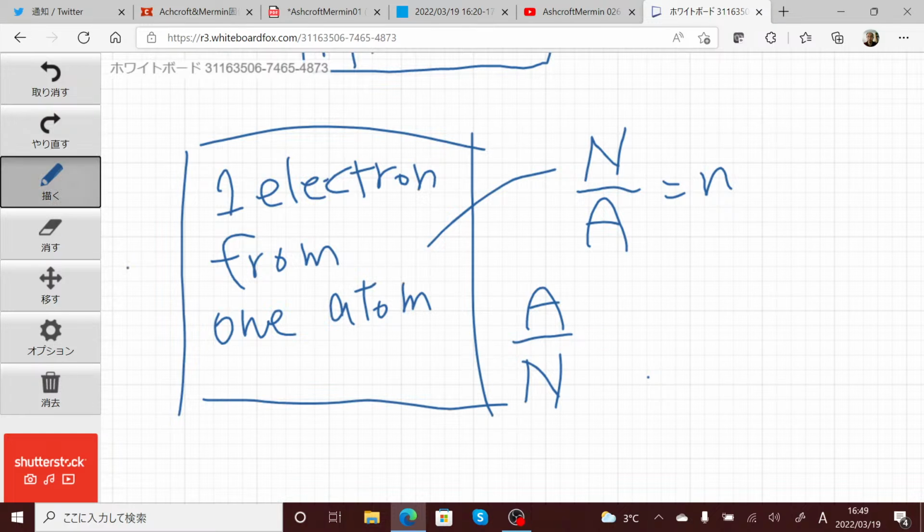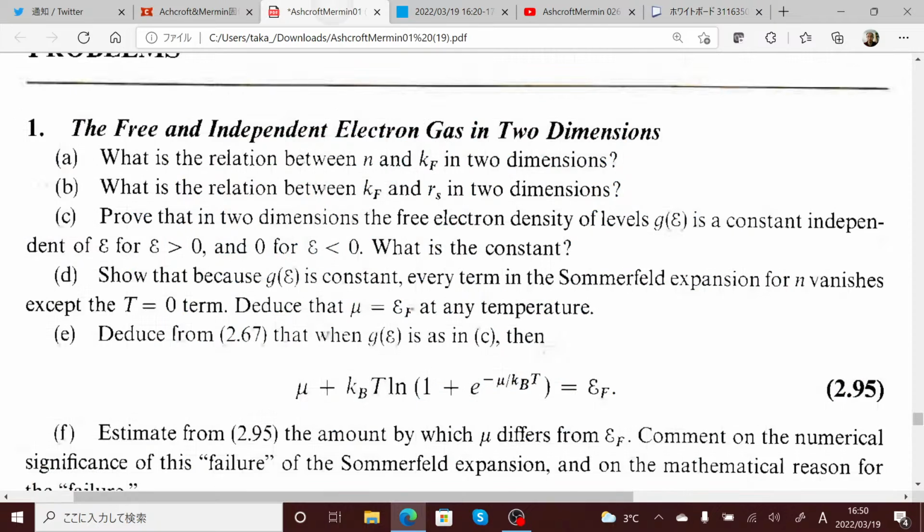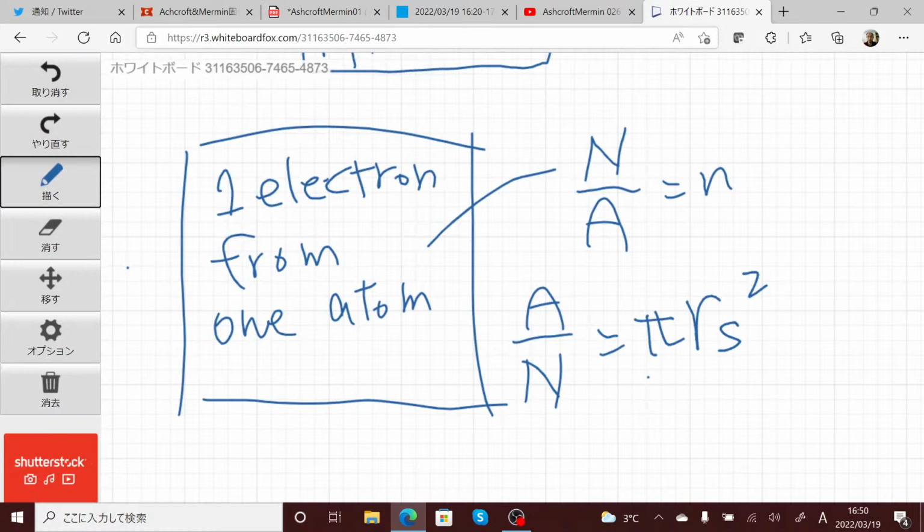So then this is pi rs squared, which is 1 over n.